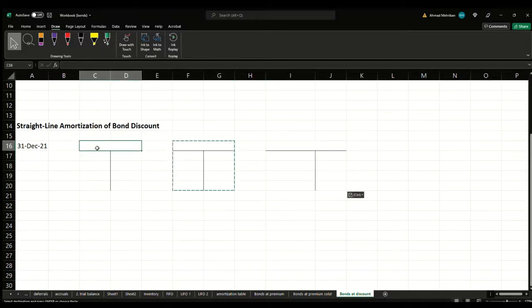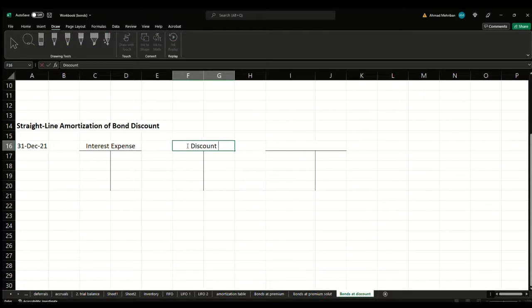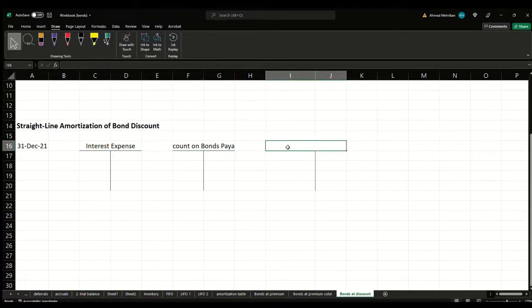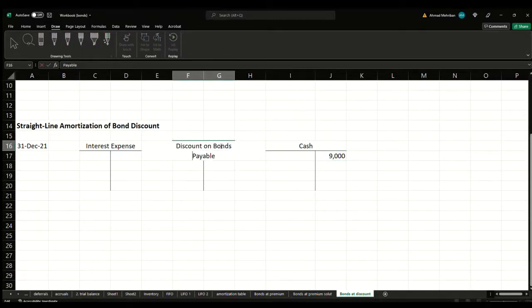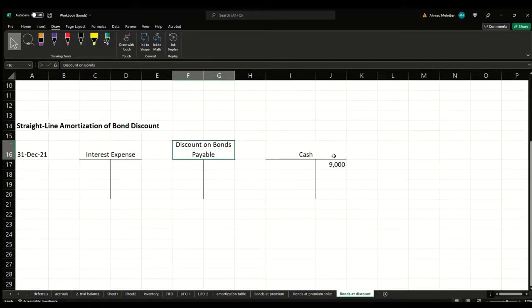So we're going to record interest expense, discount on bonds payable, and finally the cash. Cash, we already know we have to pay 9,000. That's given. There is no argument on that part. We have to pay annually $9,000 to our bondholders of interest payment in cash.